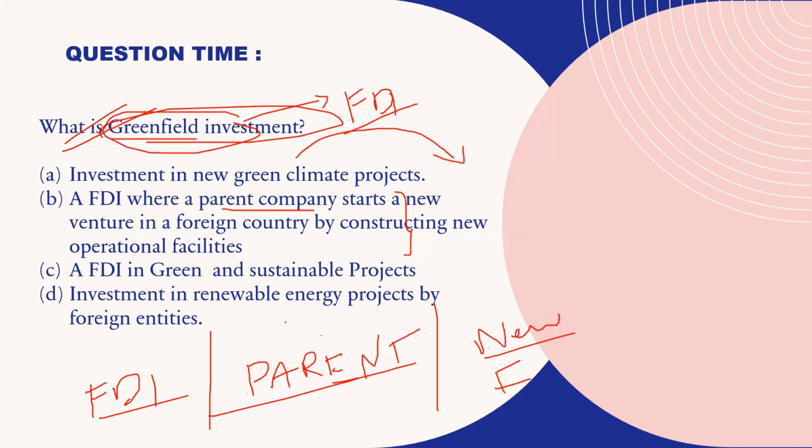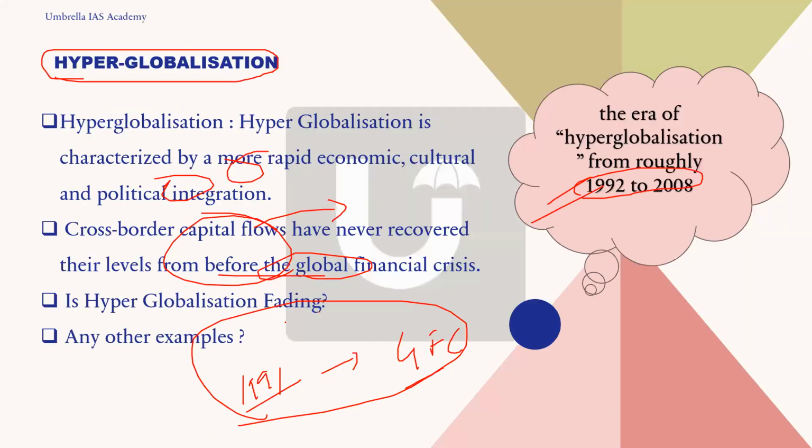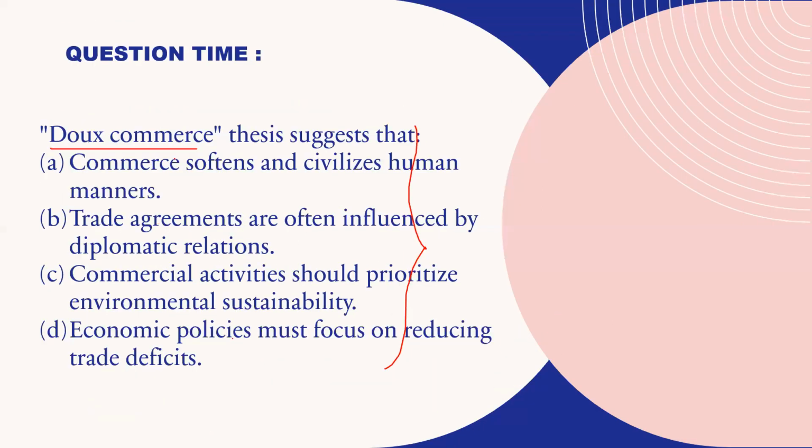So what is happening? See, hyper-globalization flourished because of doux commerce. Now tell me what is the answer?